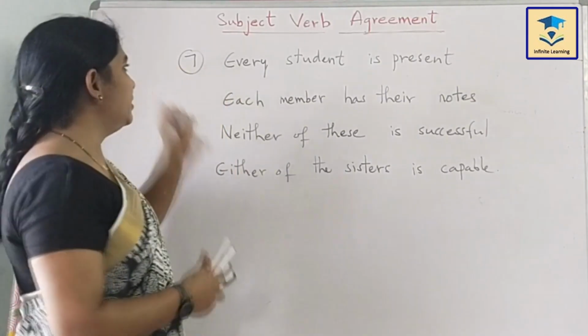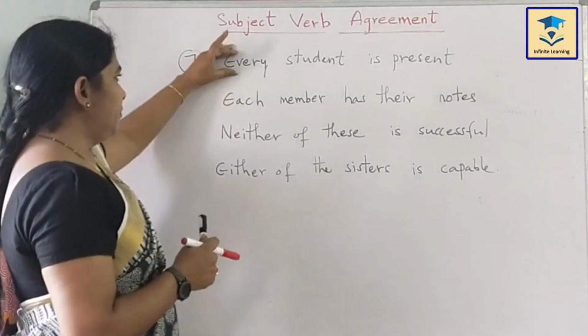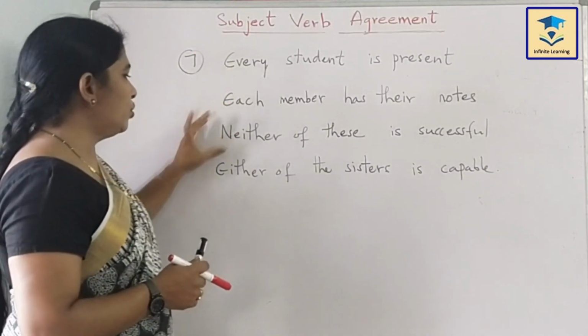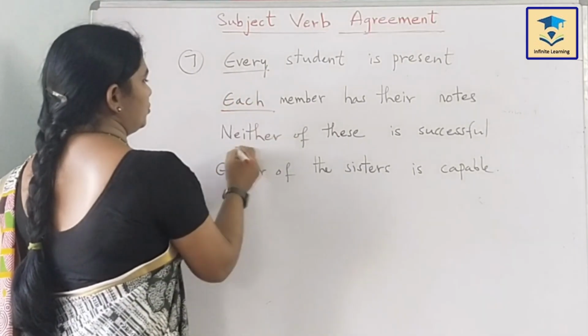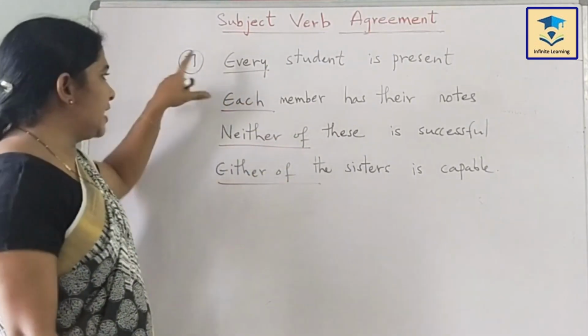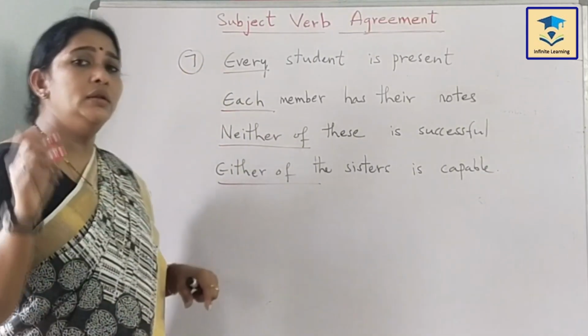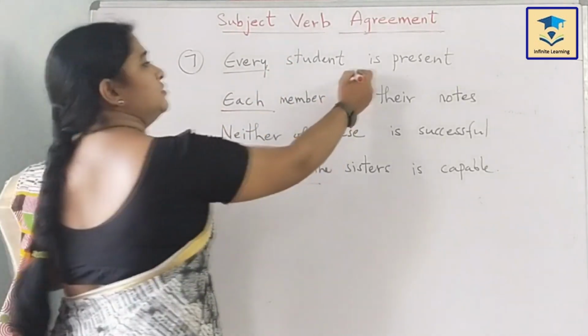Now see the seventh rule. If a sentence is started with every, each, neither of, either of, if a sentence is started with these 4, then the verb will be singular. Every student is present.